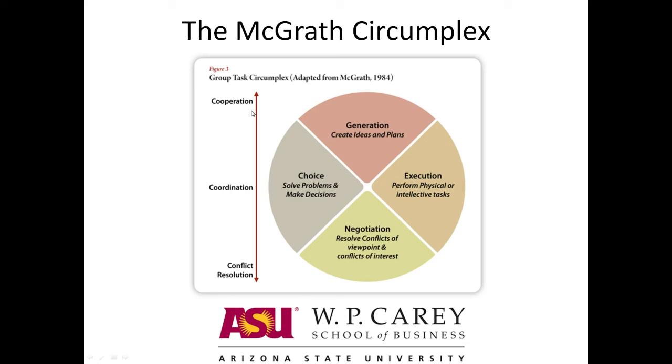You have cooperation between team members when you're looking at creating ideas and generating plans. Coordination amongst team members is key when you're trying to perform the physical tasks as well as make decisions and solve problems. And finally, you have conflict resolution, which is a major factor within negotiation.